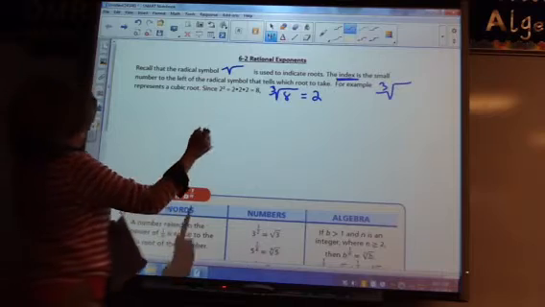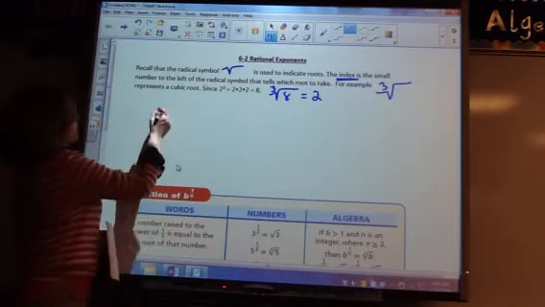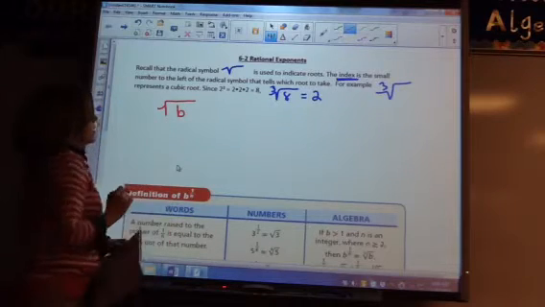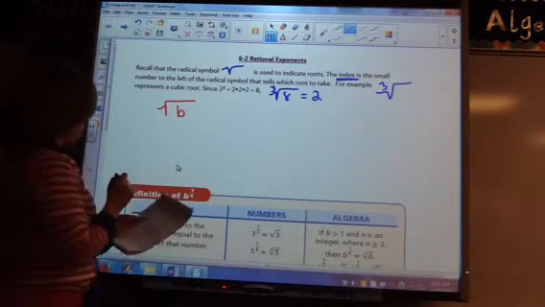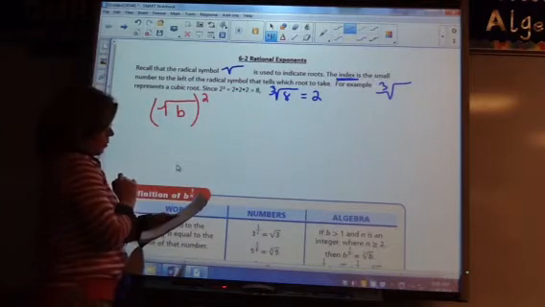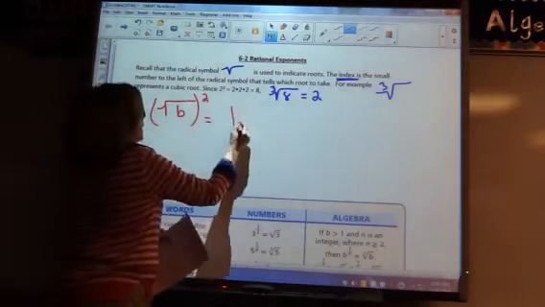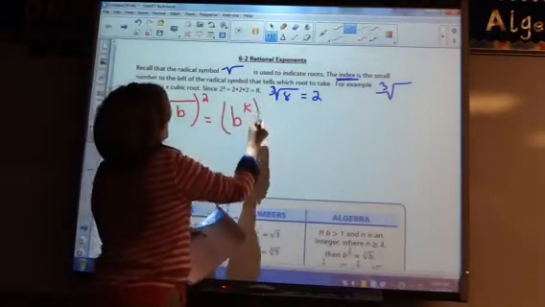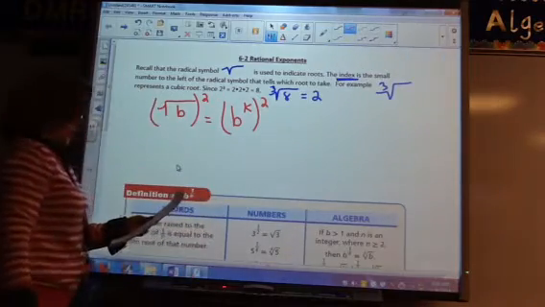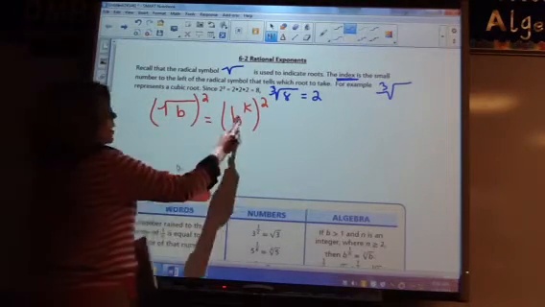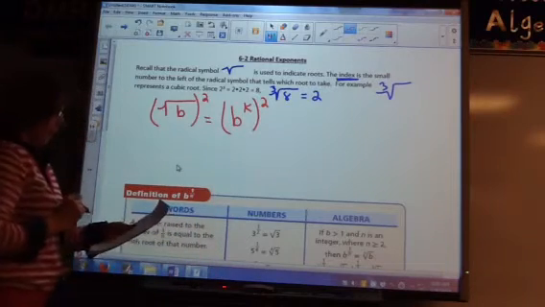Okay, so I want to show you all how we're going to get this definition down here so you can try to understand it. Let's say we take the square root of b, and then we square it, and then we have b to the k. What we're trying to do is solve for k here.